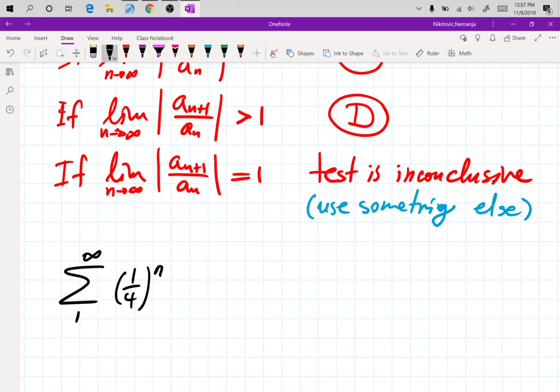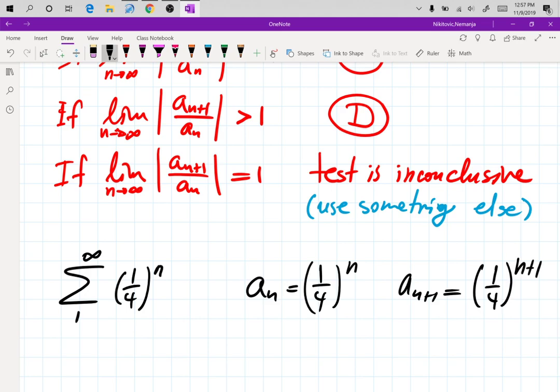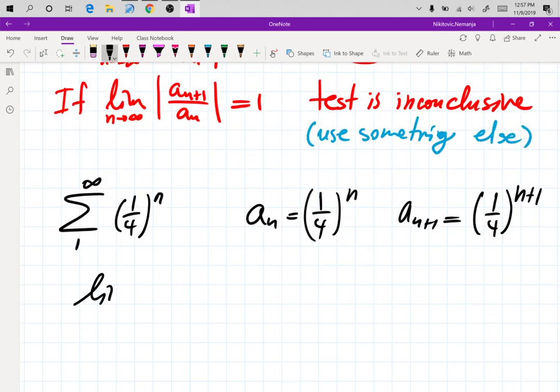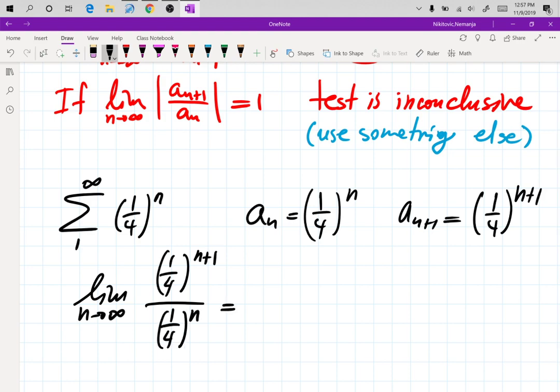Let's use the ratio test on this, because we can. Your a_n is (1/4)^n. Your a_(n+1) is (1/4)^(n+1). You set up your limit as n goes to infinity of (1/4)^(n+1) divided by (1/4)^n. Now we need to solve this. You peel off 1/4 on the top and then cancel the rest. Oh, I forgot the absolute values.